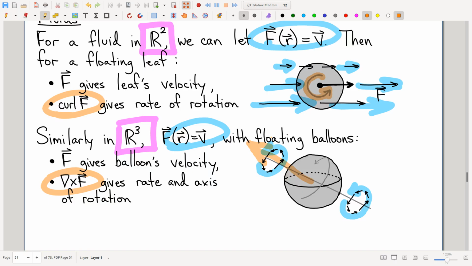And the longer the curl is, the faster the balloon will rotate. So very analogous, 2-dimensional curl, just kind of a 3-dimensional equivalent. Everybody willing to buy it?